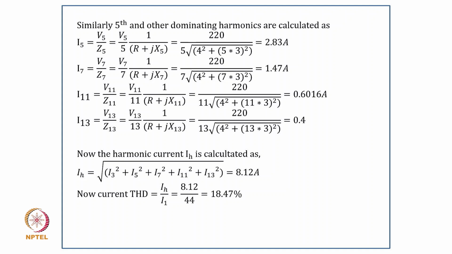I5 equal to V5 upon 5 times 1 upon R plus jX5, that is 220 upon 5 under root 4 square plus 5 into 3 square, equal to 2.83, and I7 is V7 by 7, that comes equal to 1.47. I11 comes similarly 0.6016, and I13 becomes 0.4 ampere. And now the harmonic content IH equal to root of I3 square plus I5 square plus I7 square up to I13 square, that becomes 8.1 ampere, and THD is now IH upon I1, that becomes 18.47%.